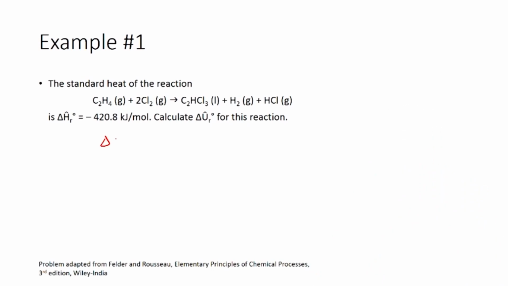Based on the equation we had, delta Ur cap would be equal to delta Hr cap minus RT times sigma of gaseous products stoichiometric coefficients minus the sigma of gaseous reactants stoichiometric coefficients.